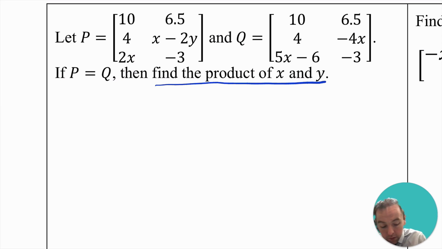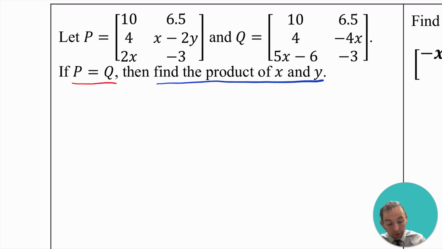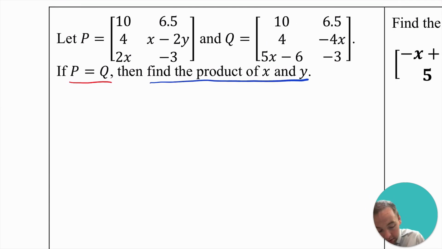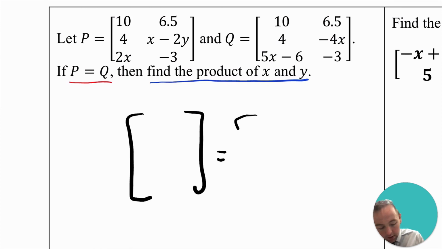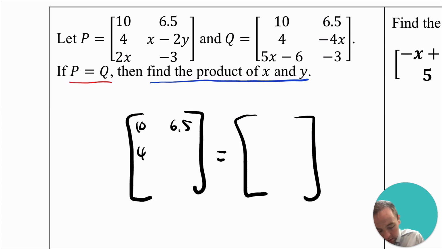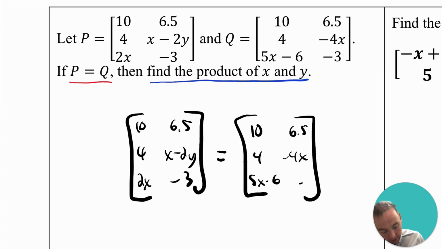Now we do have some information to go off of because the matrix P is given and the matrix Q is given. We also know that we have this hypothetical statement saying that if P equals Q, so if the matrices were equal to each other, then we'd have this situation going on where P, which is 10, 6.5, 4, x minus 2y, 2x and negative 3, and then Q, which is 10, 6.5, 4, negative 4x, 5x minus 6, and negative 3.